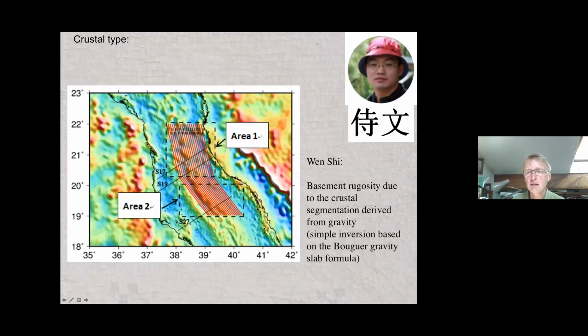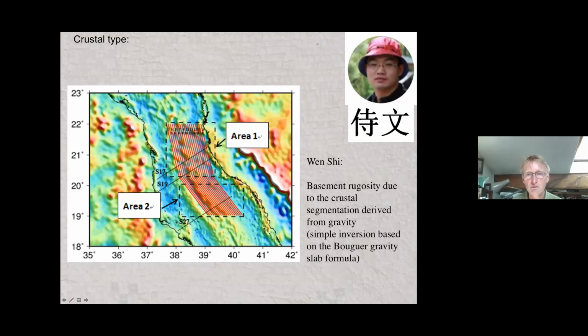When he has investigated the rugosity implied by these fluctuations in gravity anomaly, what he's done is invert the fluctuations you see along these lines using the Bouguer slab formula.